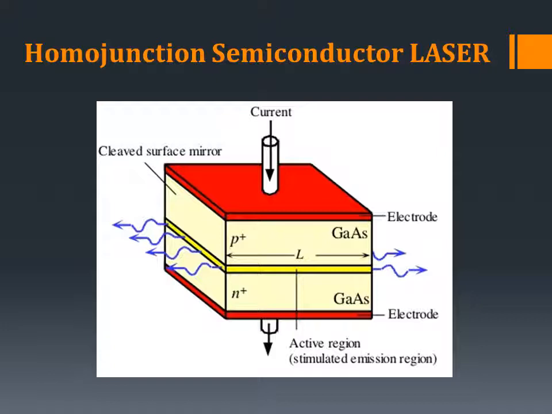The junctions of the p and n regions are well polished and are parallel to each other. Since the refractive index of gallium arsenide is high, it acts as an optical resonator so that external mirrors are not needed. The upper and lower electrodes fixed in the P and N regions help the flow of current to the diode while biasing.